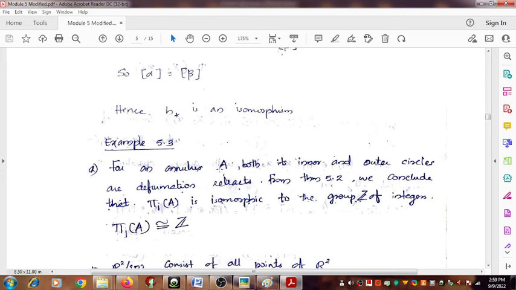For the annulus A, both its inner and outer circles are deformation retracts. We have seen in our previous discussion that if you consider an annulus A, it has two boundaries, the outer boundary in the outer circle and the inner boundary in the inner circle, and both can act as the deformation retract of the annulus.